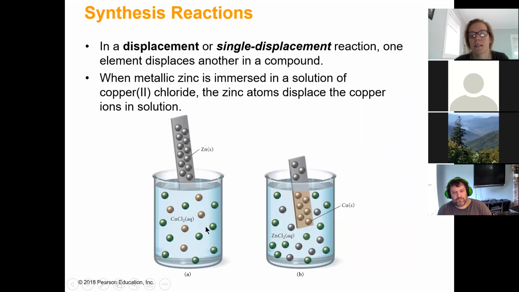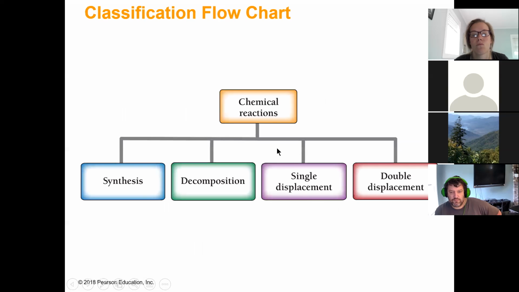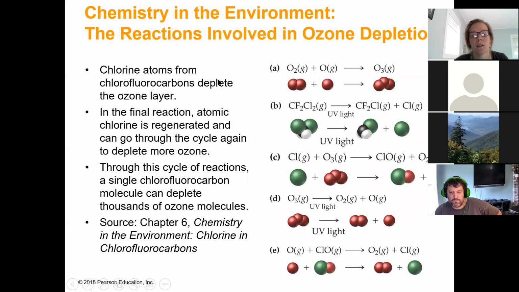Well, what ends up happening is the zinc is a better match for the chlorine than the copper is. So the zinc will come off of the stick and the copper gets rejected and deposited on the stick. Double displacement, this flip-flop. All of our precipitate reactions, acid-base reactions, and gas evolution reactions are all examples of this double displacement. So chemical reactions can be synthesis, decomposition, single displacement, or double displacement.